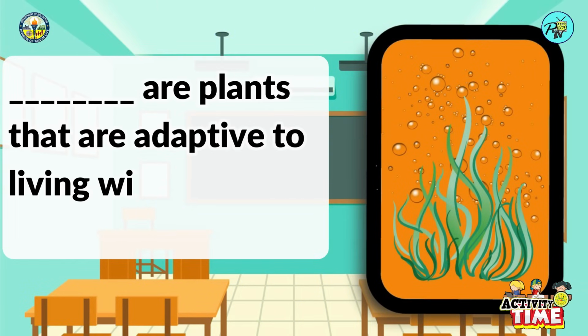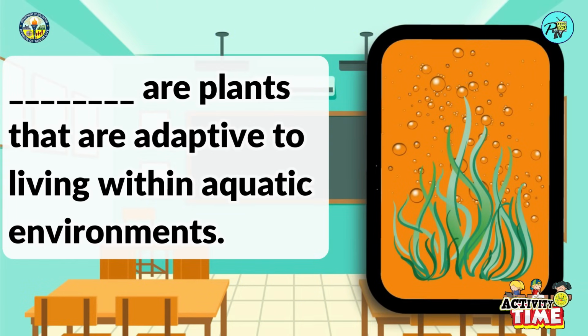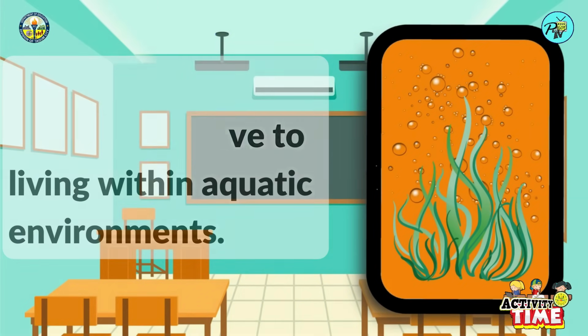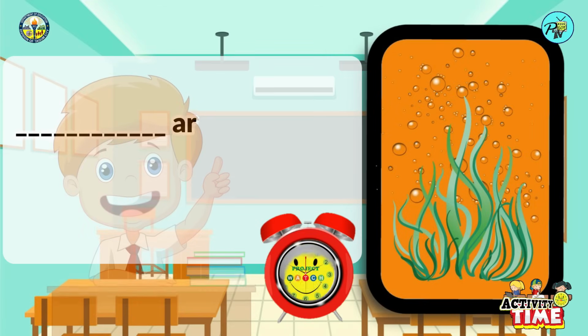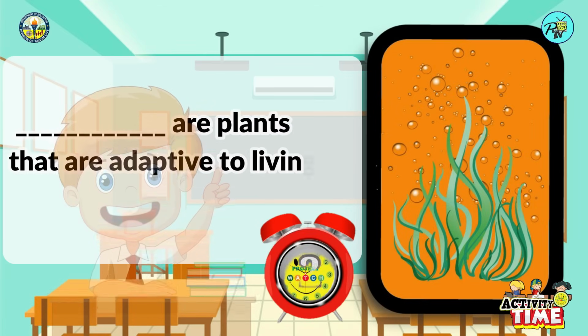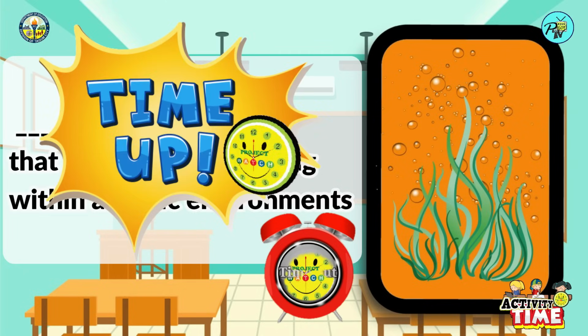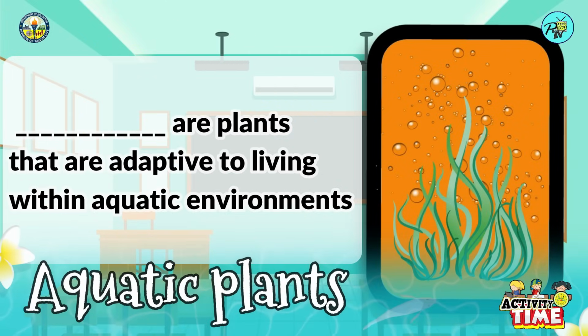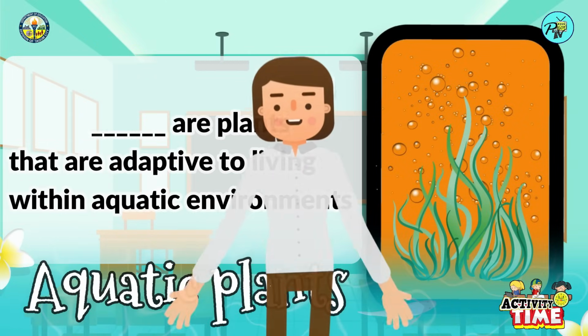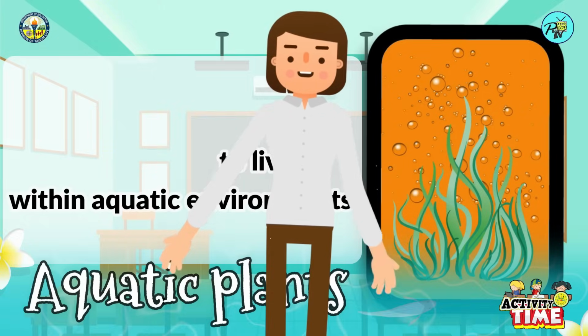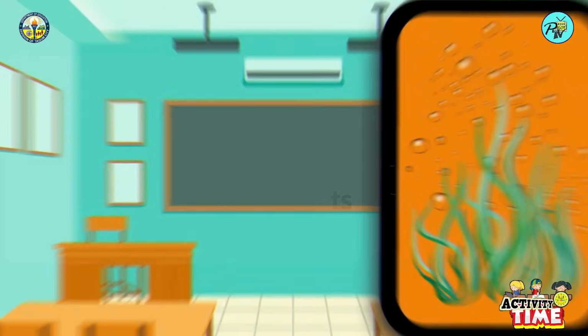How about the third card? Blank are plants that are adaptive to living within aquatic environments. What is your answer? Yes, you're right. These are aquatic plants.